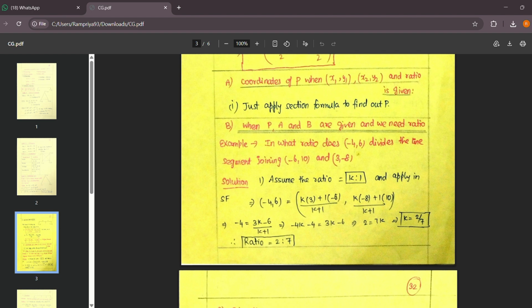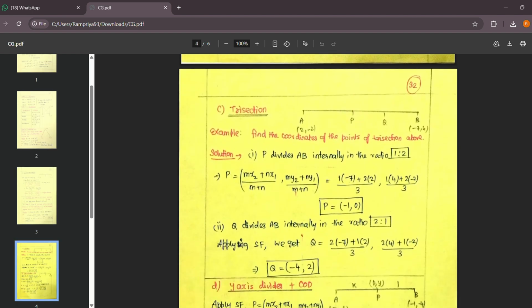So minus 4 equal to (3k minus 6) by (k plus 1). You can do that, or also you can do 6 is equal to (minus 8k plus 10) by (k plus 1). The value of k will be the same in both the cases. So k is equal to 2 by 7. So the ratio is 2 by 7 is to 1, which is 2 is to 7. So that is the final answer.